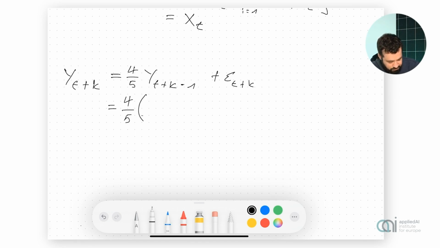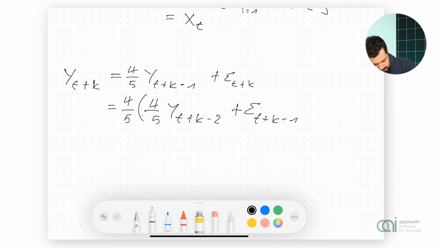Because now we have again the 4/5, and now we get another factor of 4/5, and y_{t+k-2} plus epsilon_{t+k-1} plus epsilon_{t+k}.